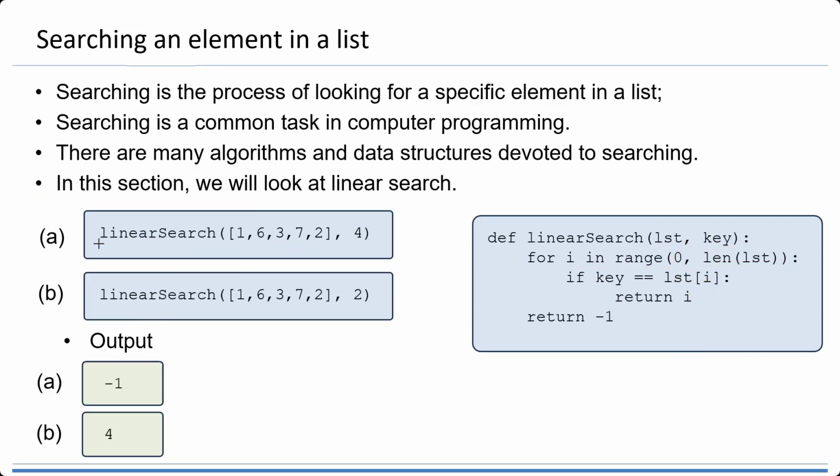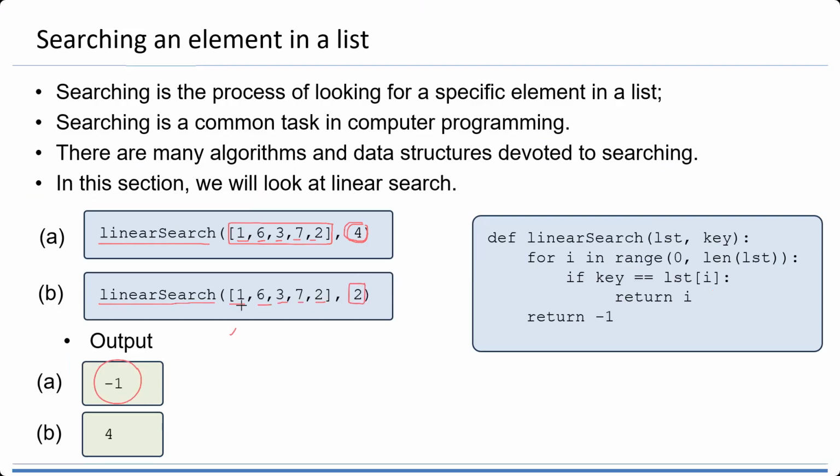Then you will do this one. If you have a list 1, 6, 3, 7, 2, is there any 4? 4 is not available, so you will see the result -1. What about if you do this linear search on 1, 6, 3, 7, 2 and search for 2?